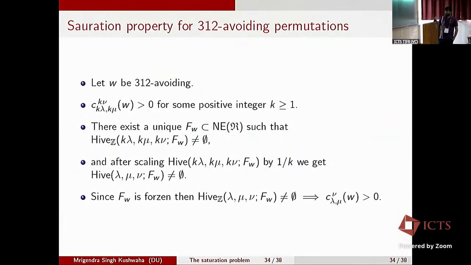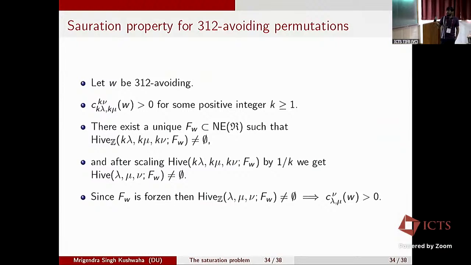Now we can also prove the saturation property. Suppose W is 312 avoiding, and for some integer k bigger than or equal to 0, the scaled version is positive. Then we know that there exists a unique FW of the northeast rhombus such that there is an integral solution with k. That means this hive is non-empty. So you scale by 1 over k, then the boundary reduces to lambda, mu and nu.